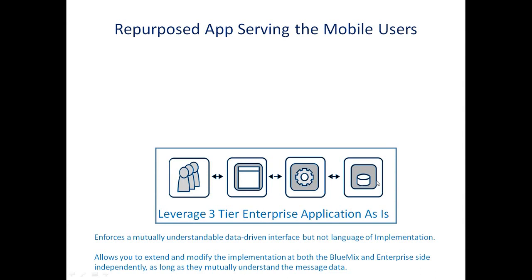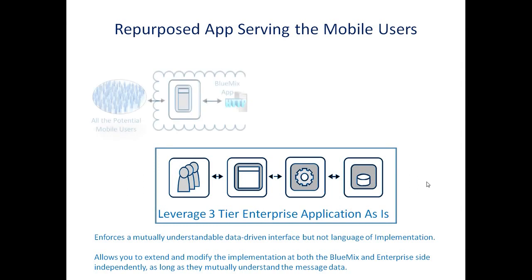What we're going to try to do is first have the potential users come via, say, mobile phones and tablets and hit an application over HTTP, most likely into the BlueMix application. The application needs to now translate this to a message form.